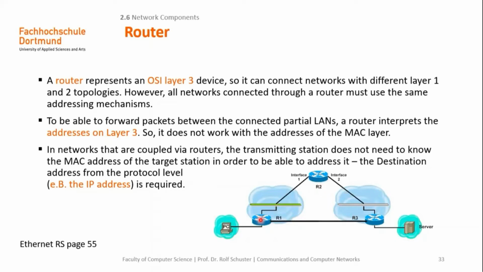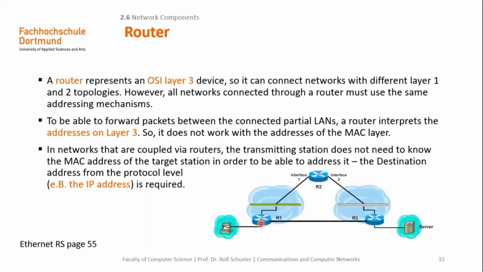Then if we use routing instead of LAN switching in a network like this, no loop will happen. And then we don't need to implement any kind of spanning tree protocol like in the case of the LAN switching devices.